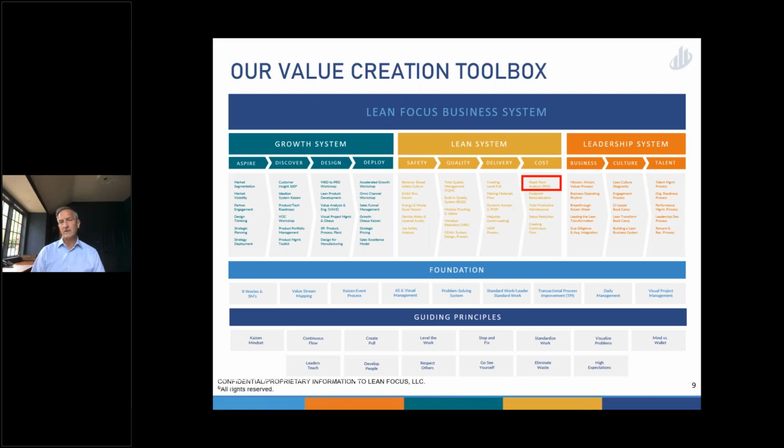We have tools in all of these, which is part of the value that we provide in a Lean transformation: you can license this Lean business system and make it your own. The rapid plant analysis is here in the middle under the cost side. It's really a diagnostic tool to develop that roadmap for how you can make improvements in your plant and get started on your Lean journey.